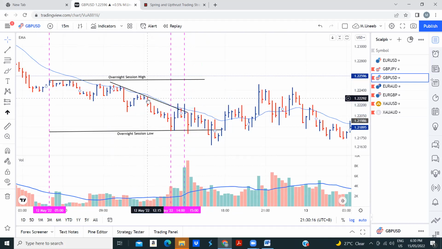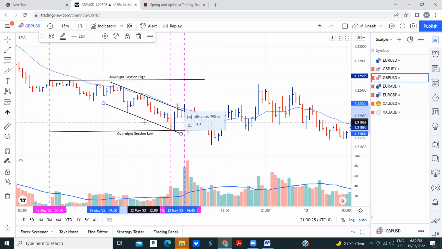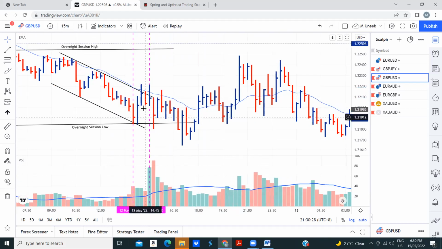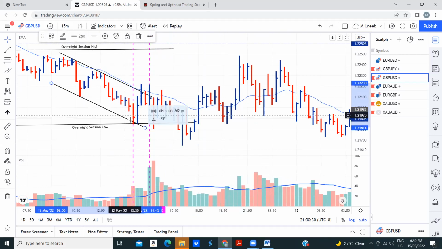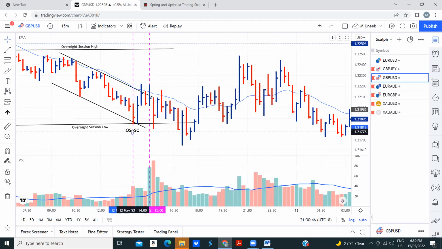So learn it. Right? So what do we notice here at this point? This one, oversold, OS. Do you agree or not? Yeah. So it's all about logic. The rules will be consistent, but it's all about logic here.